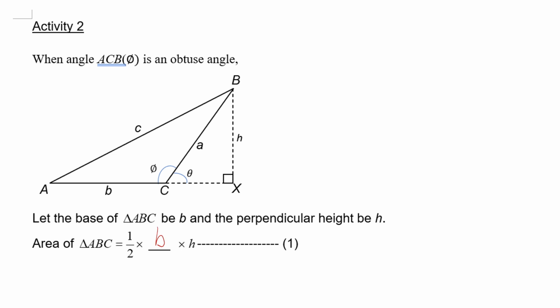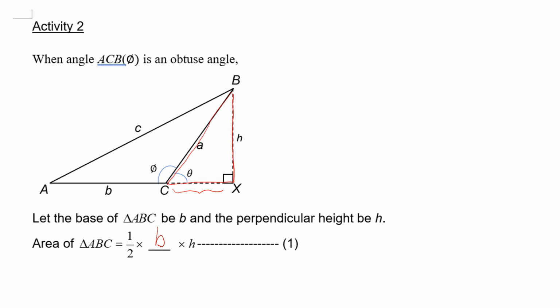Similarly, we're going to use this formula, half times base times height, to derive another formula to find the area of this obtuse angle triangle. So how are we going to do it? If you look at the dotted lines here, CX and BX, you see that we are able to form a right angle triangle here, right?